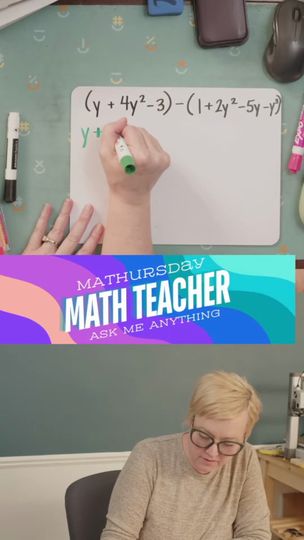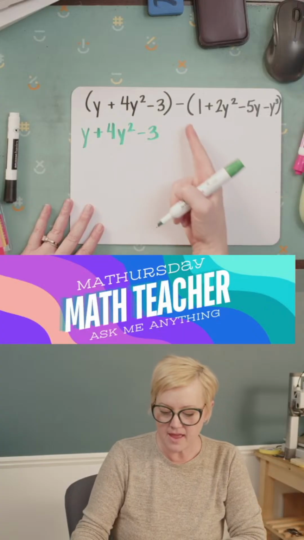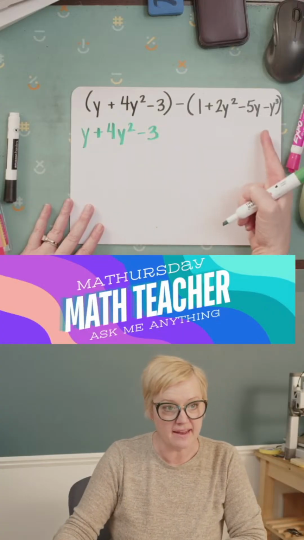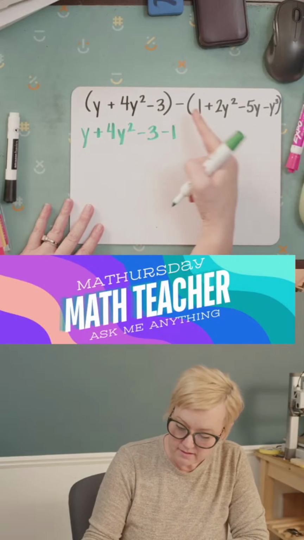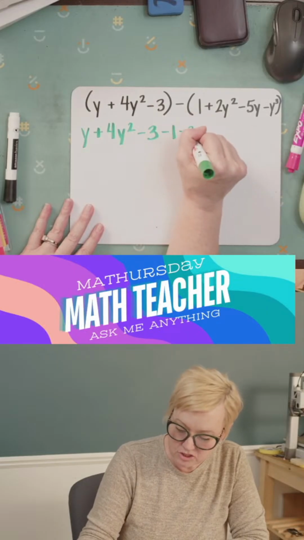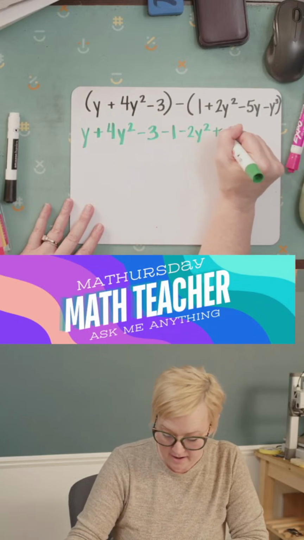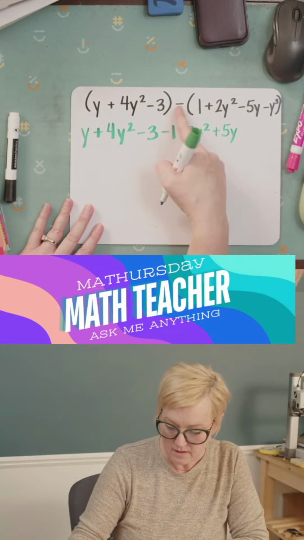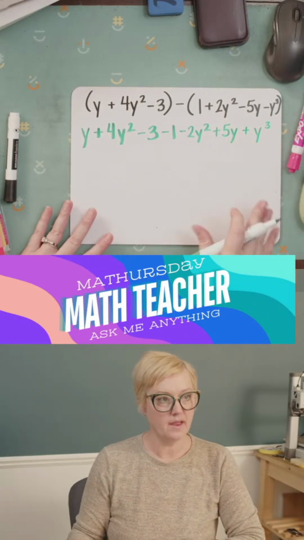I'm just going to drop the parentheses. And then it's minus all of that. So I've got negative 1 minus 2y squared plus 5y plus y cubed.